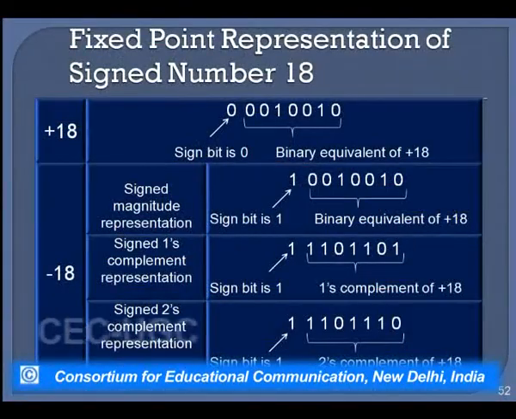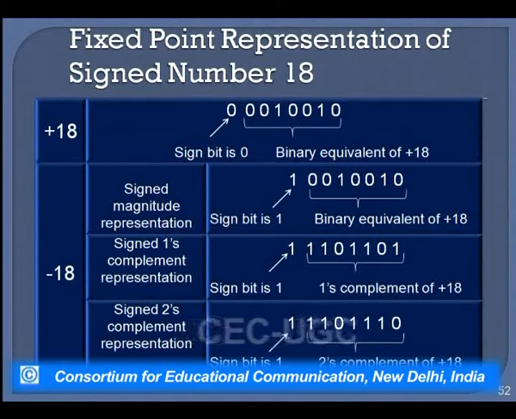The sign bit is 1 and the magnitude is the 1's complement of 18, which is 1101101, that is, the digits are reversed. In the signed 2's complement form, again the sign bit is 1 and the magnitude is the 1's complement plus 1, that is, the 2's complement of the number. So, minus 18 can have three kinds of representations in a fixed point representation system.